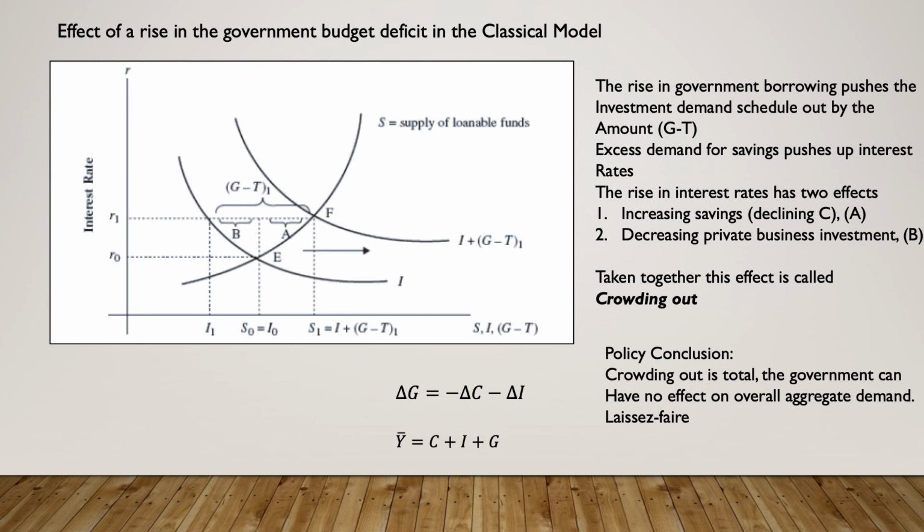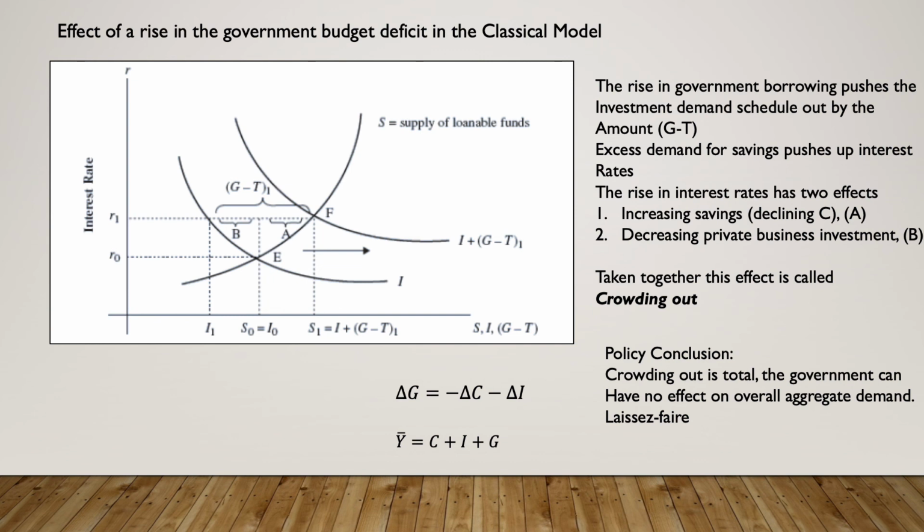So if we're looking at these magnitudes, we have seen an increase in government borrowing. The size is G minus T. Perhaps the government was borrowing to try to stimulate the economy, right? Government purchases of automobiles or services or Lockheed Martin F-16 airplanes or what have you. This idea that government spending might stimulate aggregate demand for goods and services and lower unemployment. Well, the classicals say, no, that won't be the case.